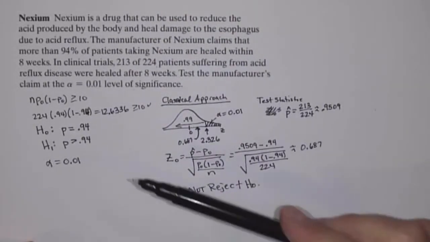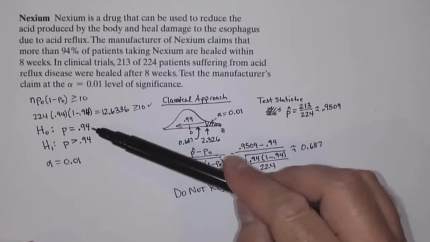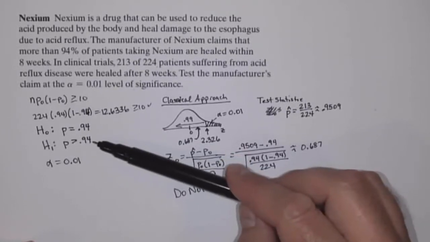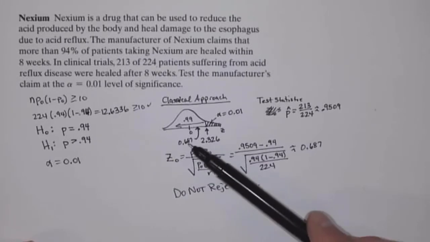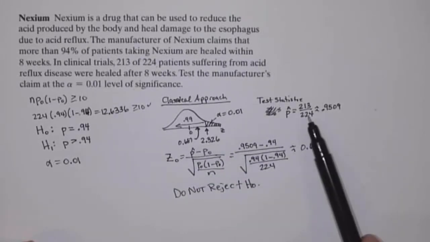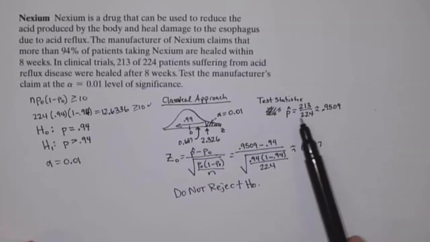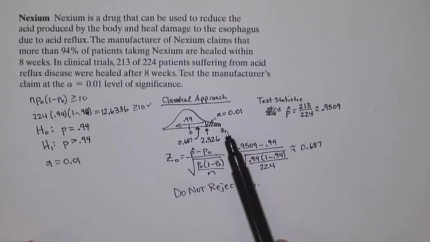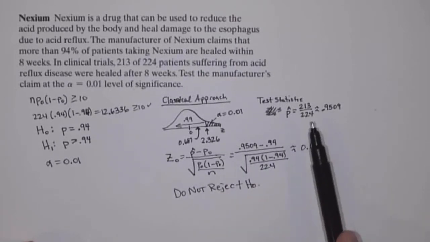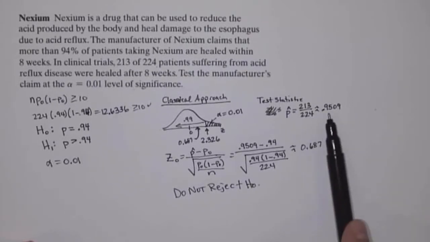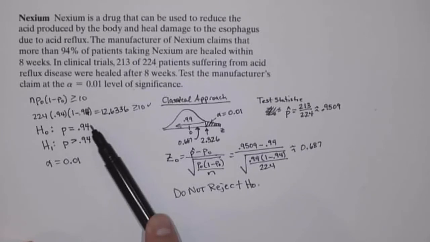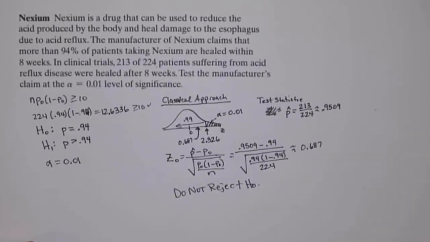So I'm not able to reject that it's 94%, so I'm not able to say that it's greater than 94%. So as far as I can tell, I got this result maybe just because of variation in sampling. This result is not statistically significant. It's not different enough from 0.94 to conclude that the 0.94 is wrong and that in fact it's greater than 0.94.